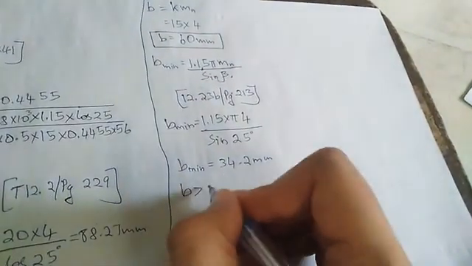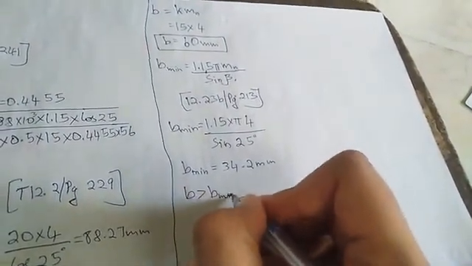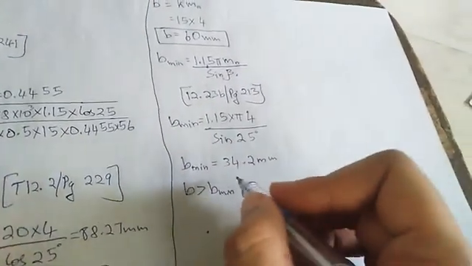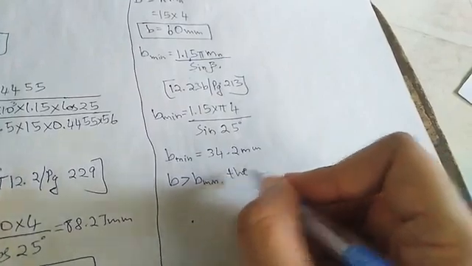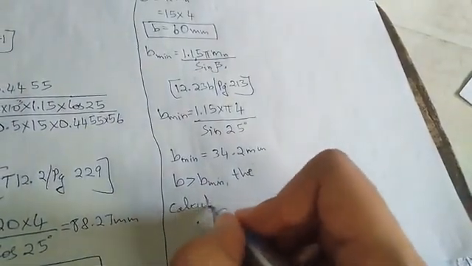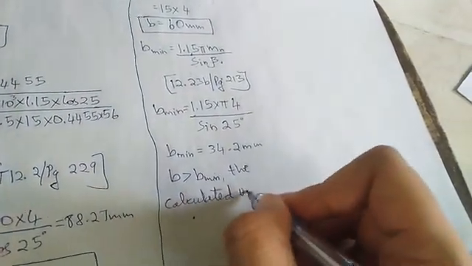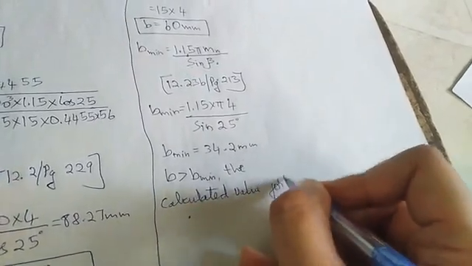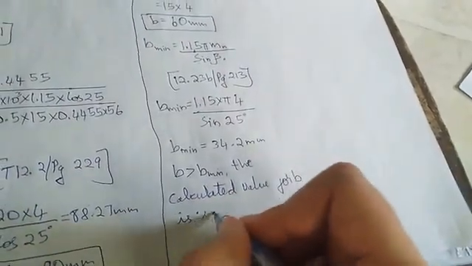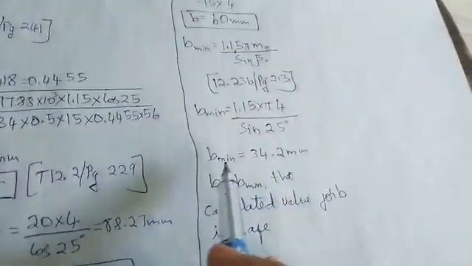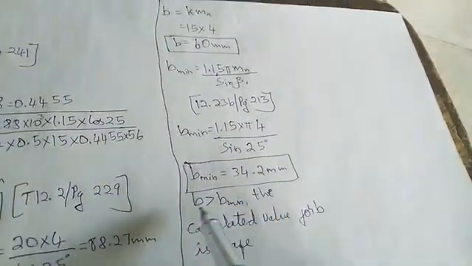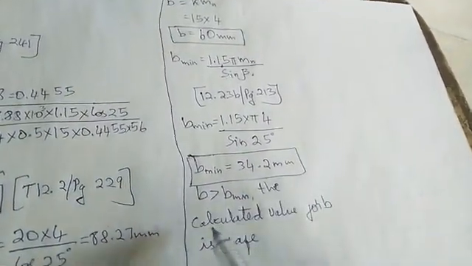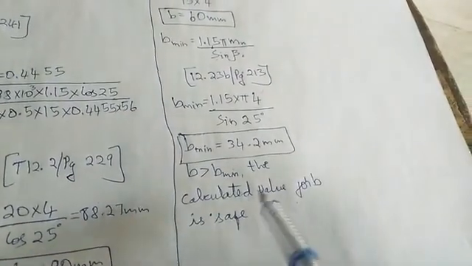So B is greater than B minimum. The calculated value for B is safe. B we have calculated as 60 mm and B minimum is 34.2 mm, hence the calculated value for B is safe. We have to write this statement.